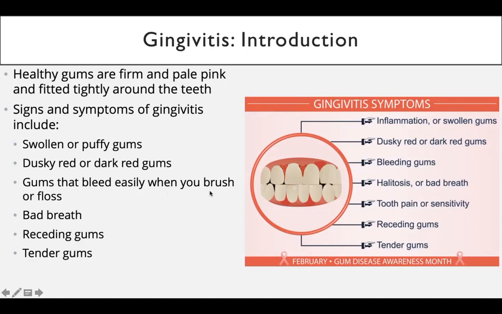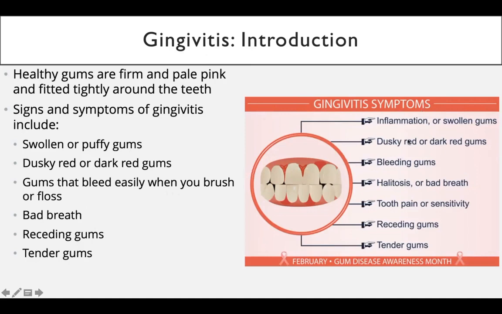Gums that bleed easily when you brush or floss. So when you are brushing or flossing and getting easy bleeding, that suggests gingivitis. Also bad breath, halitosis, receding gums, pocket formation, and tender gums, hard to touch, with some pain when brushing.